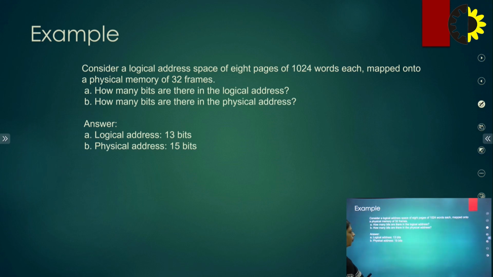Now let's take one question. Consider a logical address space of 8 pages. Now suppose there is a logical memory, it has 8 pages, 0, 1, 2, 3, 4, 5, 6 and 7, right?